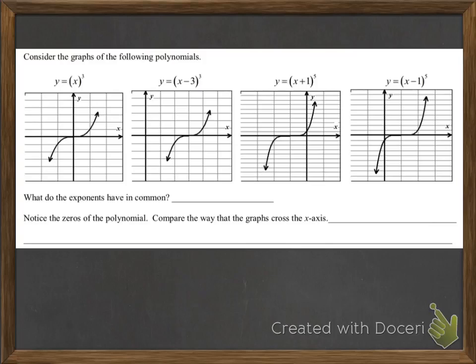So what do all these have in common? Well, if you look at your exponents, we have a 3, a 3, a 5, and a 5. So all of these exponents are odd. Now look at the way that the graphs intersect the x-axis. Here, here, here, and here.